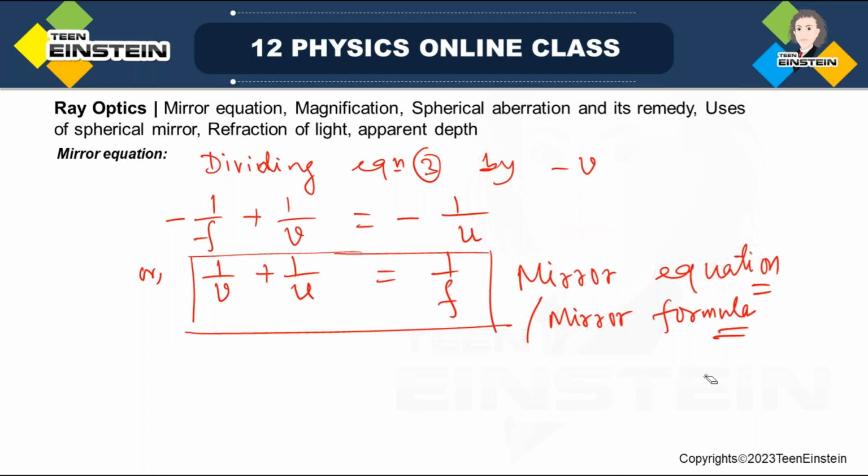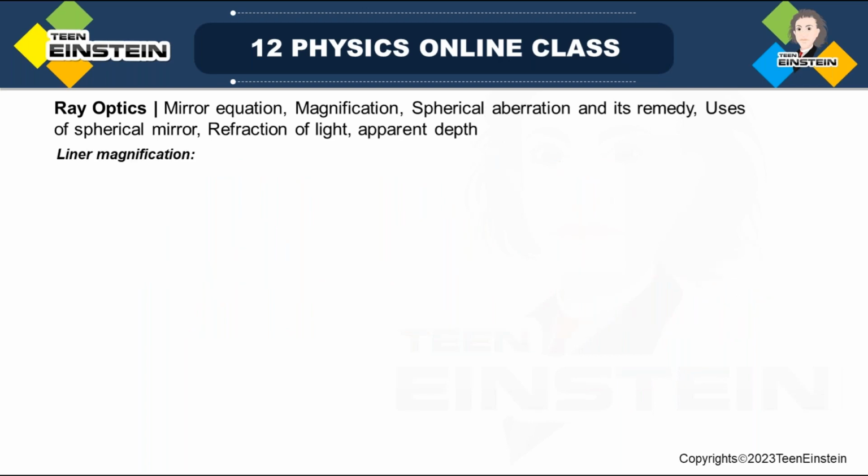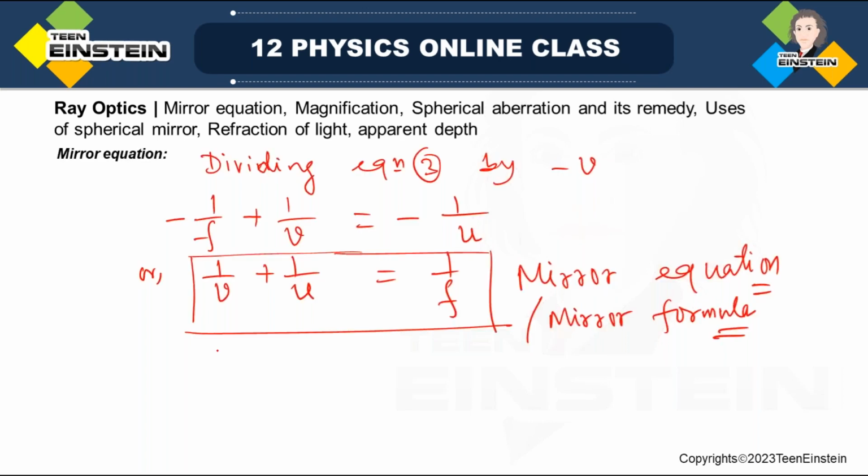So this is the mirror equation. The beauty of this equation is, there are three parameters, u, v, and f. If one among them is missing and the others are known, then you can easily find the third parameter using this equation.